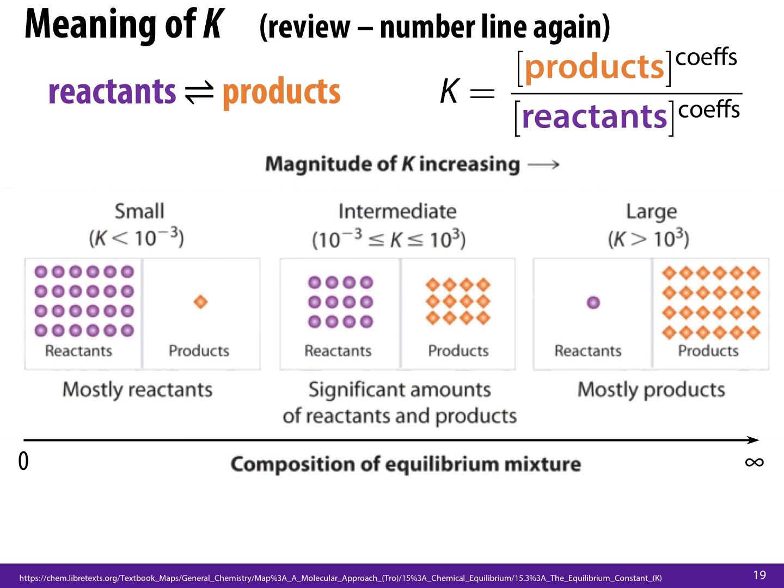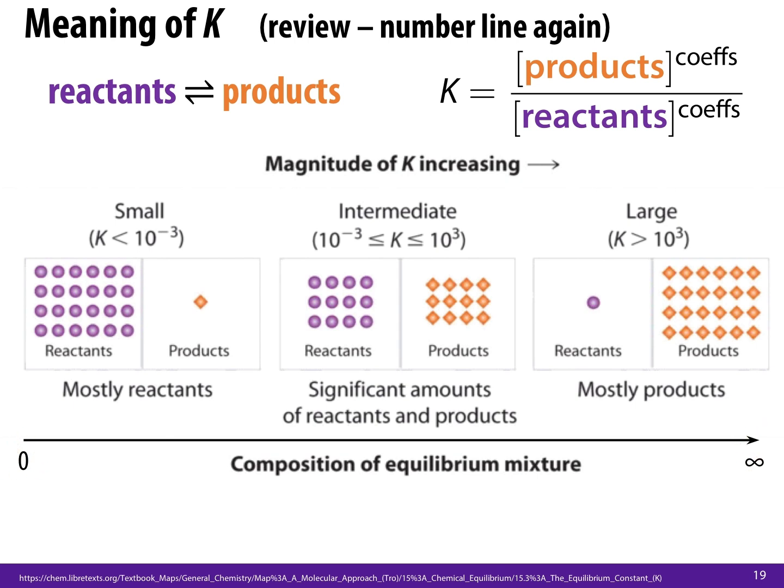So again, if K is really small, we're over here, mainly favoring reactants. I've got the nice color coding, reactants are purple, so mainly reactants when K is small. Mainly products when K is large. Again, we can see that just on our number line as well. Since our number line runs on the left at reactants, all reactants at 0.